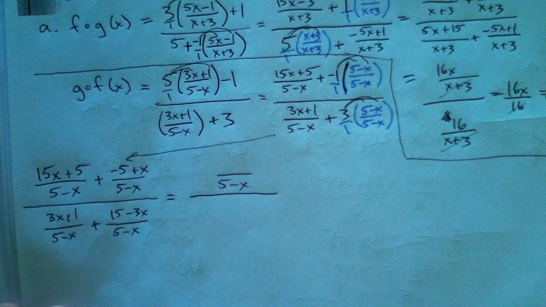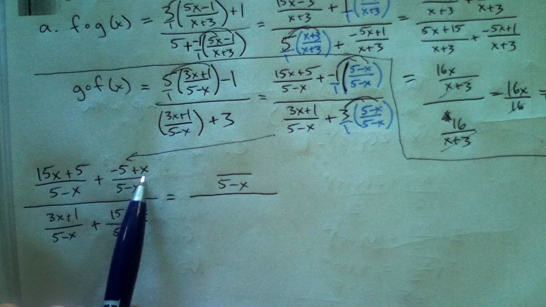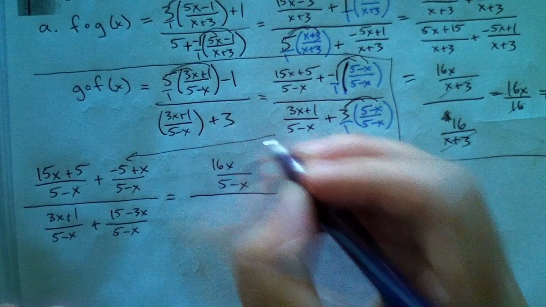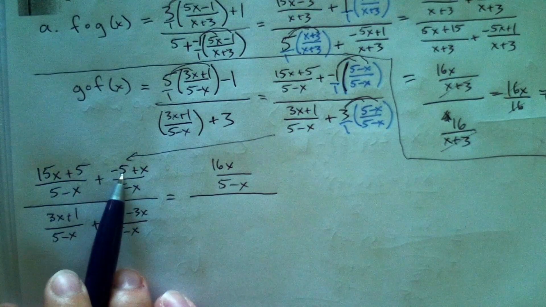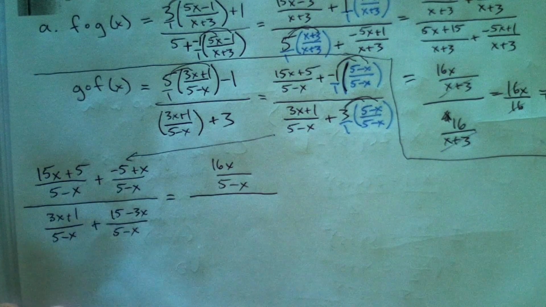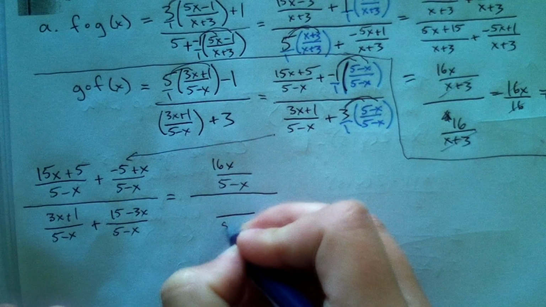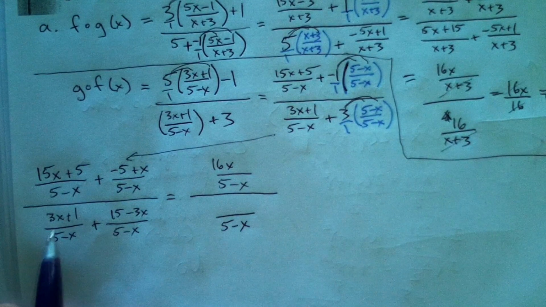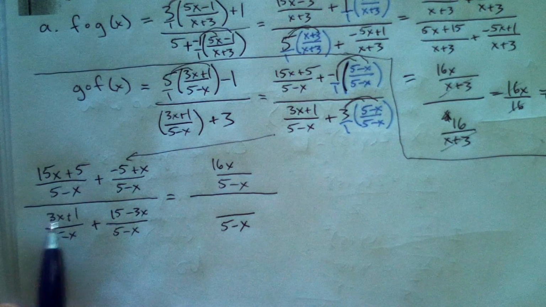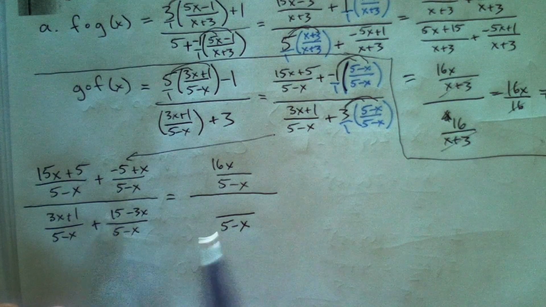And then part B of that, they just want us to verify that with a graph. So you would just type in those two original fractions there into your calculator. So you would just do like 3x plus 1 divided by 5 minus x. Sorry, I'm just typing these in, is all I'm doing.